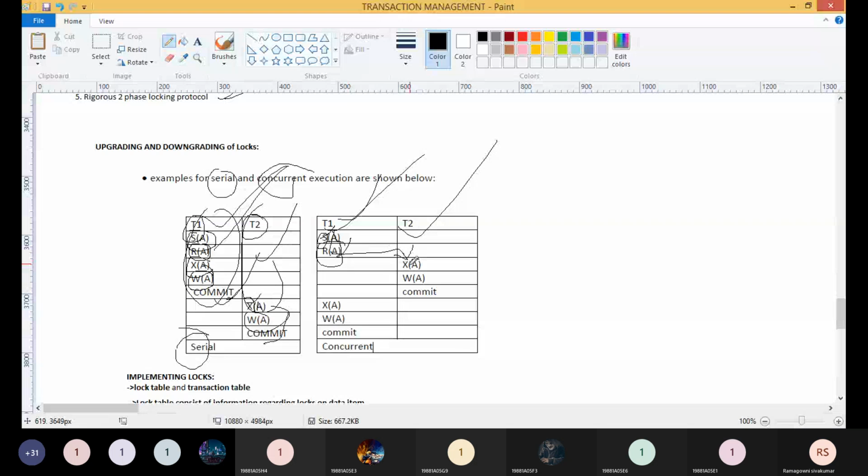Then we commit. We perform an exclusive lock on a data item, perform the write, and then commit. So if you are doing it this way, this is called concurrent execution, performing T1 as well as T2.